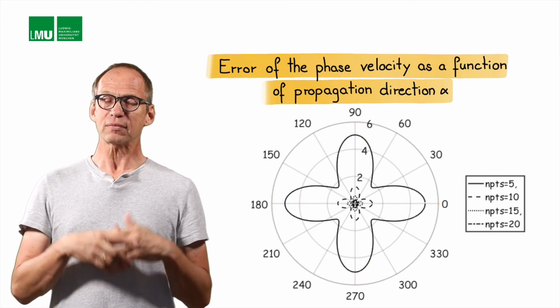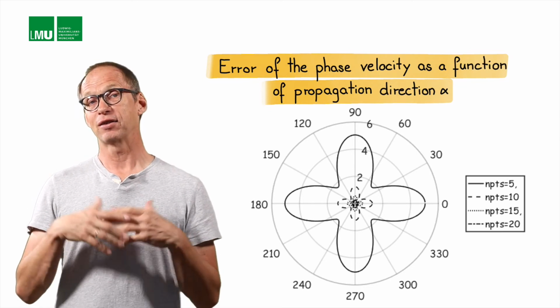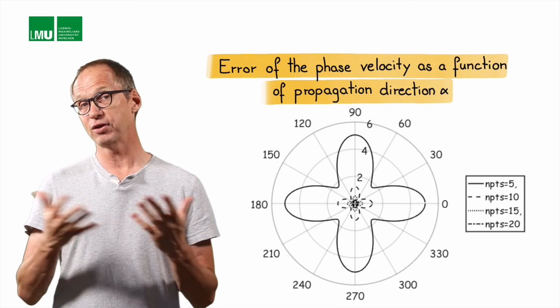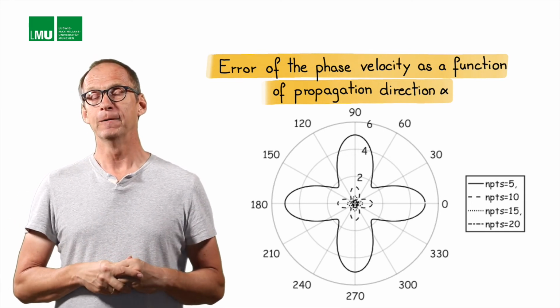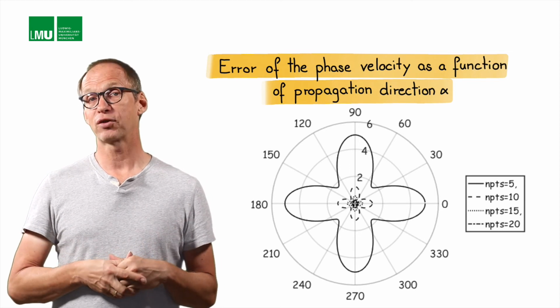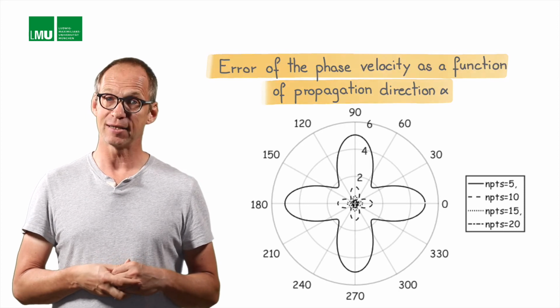So in conclusion, we understand that behavior of numerical anisotropy that we've seen in the simulations in our Python implementation. It can be nicely derived here for the scalar acoustic wave equation with the so-called von Neumann analysis.